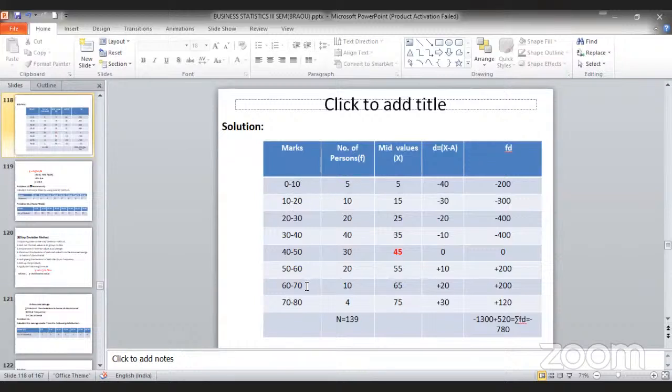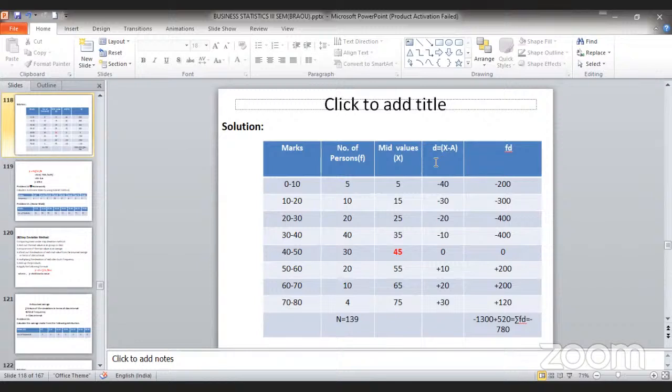It's not possible. That's why we have taken the midpoint from the class interval. From the mid values, I have assumed one value. This is the indirect method. In the direct method, directly we multiplied f into m. But we are doing the indirect method, so we have assumed 45 as the assumed value.